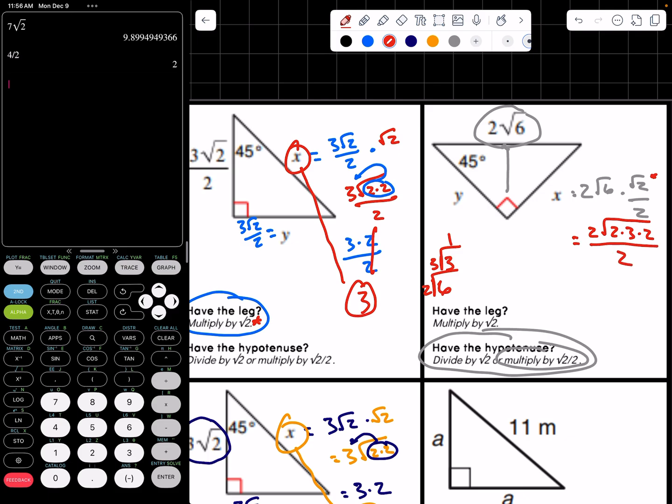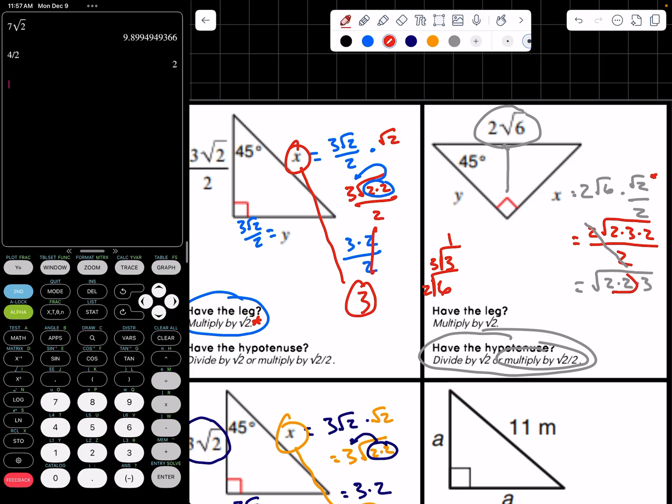That's all going to go over 2. So I can cancel those 2's out because I have a 2 on top and a 2 on bottom. They're outside of my square root, so I can look at those separately. And then looking at the inside, I have a 2, I have a 2, and I have a 3. I'm just going to reorder those.